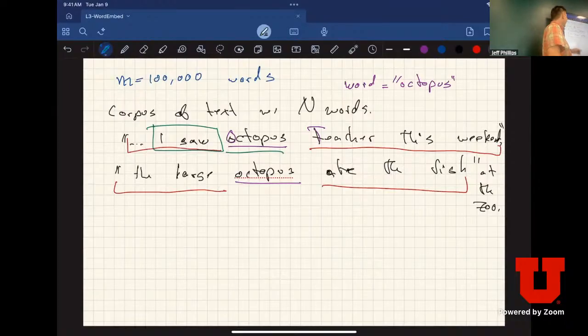Maybe you could infer that in the large octopus, large is a modifier, then octopus, so you understand that it's some object. That's captured somehow in the context. The fact that it's near ate the fish means it ate the fish, maybe it has something to do with the water and sea. You start to see how the context is somehow telling you something about the word octopus.